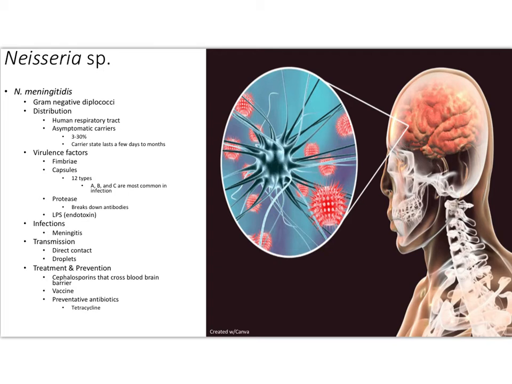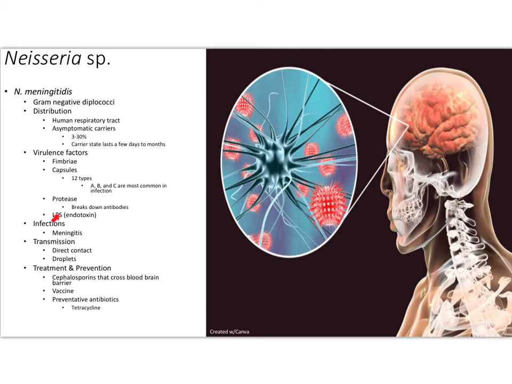In this case, it also uses LPS, which is called endotoxin, as a serious virulence factor. So if you think way back to Unit 1, you remember lipopolysaccharide, and that is a compound found in all gram-negative bacteria. And so all gram-negative bacteria have LPS, and another word for LPS is endotoxin. But in this case, the LPS is particularly problematic for us because when this bacteria moves from the respiratory tract to the cerebrospinal tract, the LPS causes a very big reaction and our body causes a lot of inflammation, which ends up putting a lot of pressure on our brain, which is problematic.